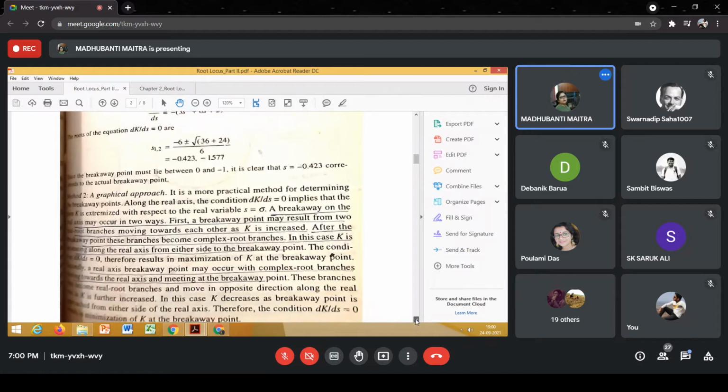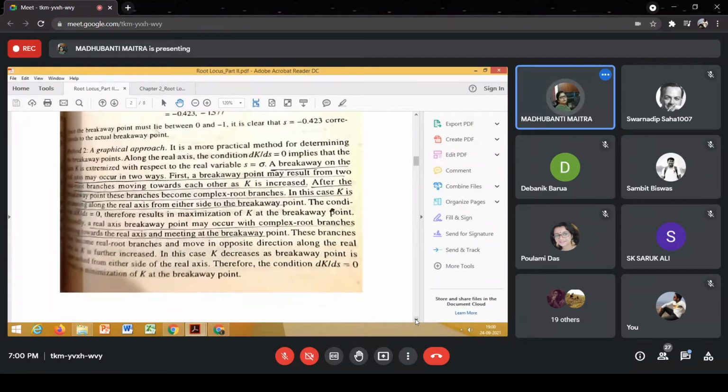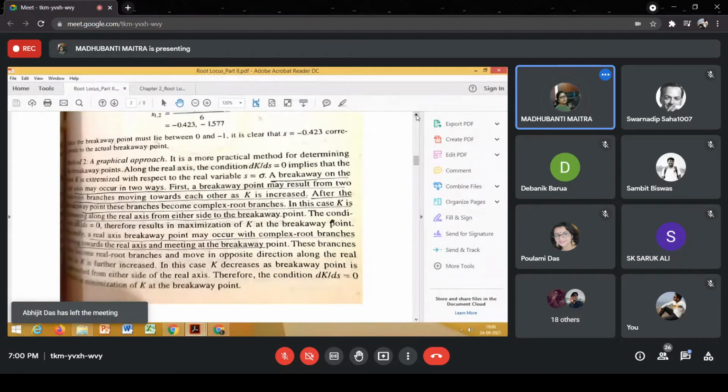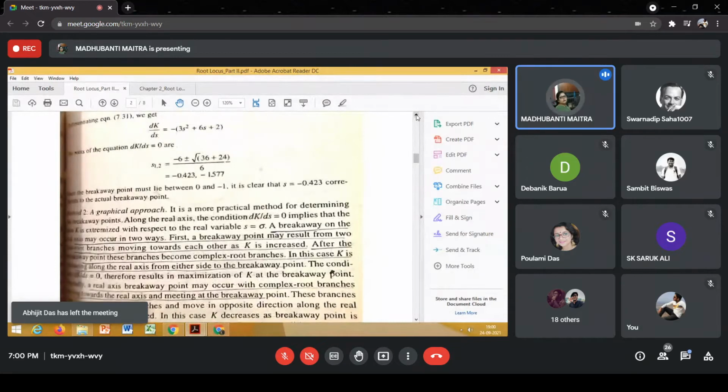Now, the breakaway point has one geometric interpretation. What is that? The breakaway point can be found from the equation dK/ds equal to 0. On the real axis, this argument is valid only on the real axis. On the real axis, s is equal to sigma, only sigma; otherwise s equals sigma plus j omega.